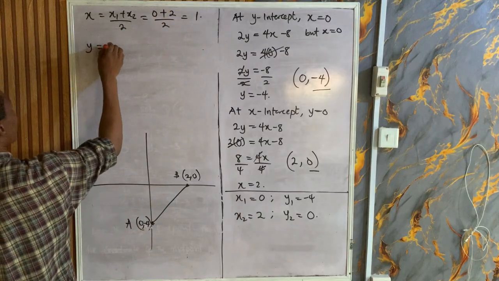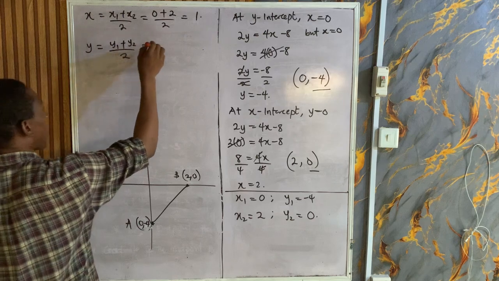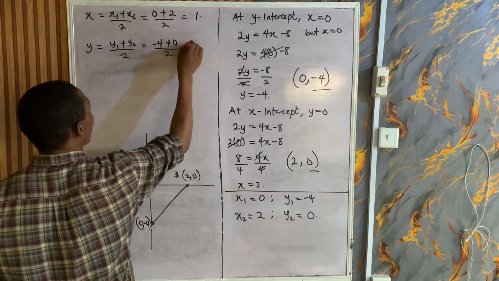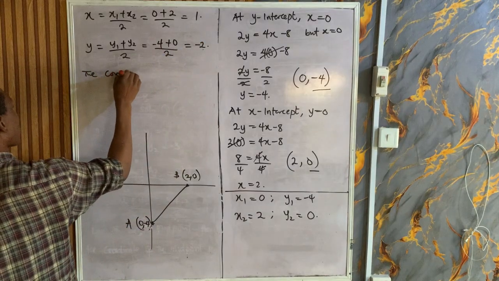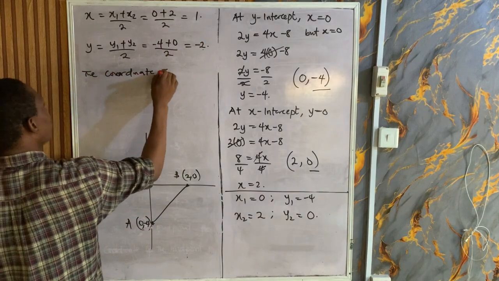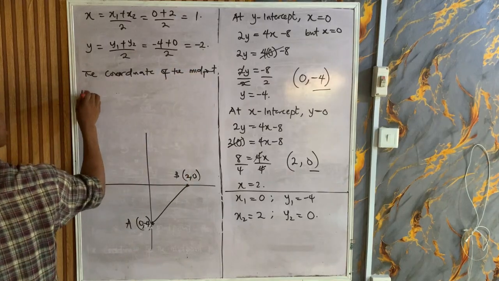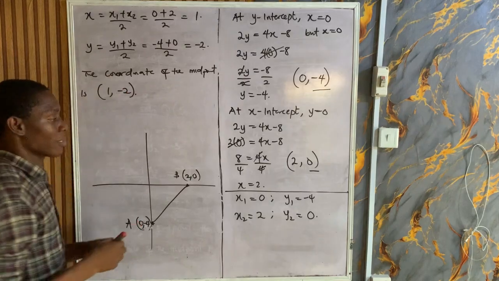And my y is equal to y1 plus y2 over 2. And that will give us y1, which is minus 4, plus 0 over 2. That will give me minus 2. So the coordinate of the midpoint is 1, minus 2. And that's that for this question.